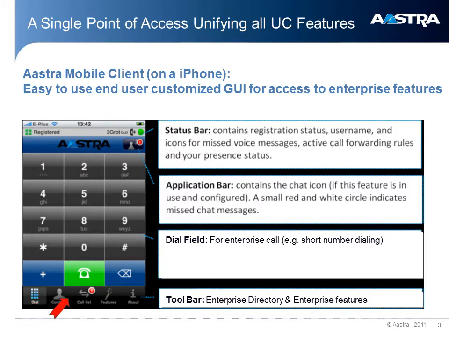You also have your contacts and directory search, your call lists and missed calls, different voice features, and an about tab. If you go to the top left, you can see if you're registered, green, in Wi-Fi or in the GSM network. You have your voicemail services and your presence status, as well as if you can go to do chat and so on with your colleagues.